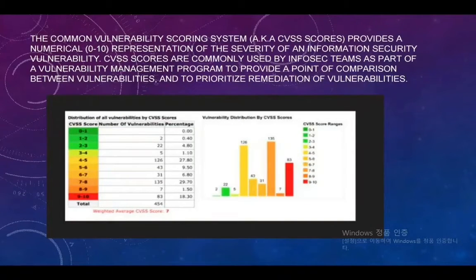CVSS scores are commonly used by enforcement teams as part of a vulnerability management program to provide a point of comparison between vulnerabilities and to prioritize remediation of vulnerabilities.